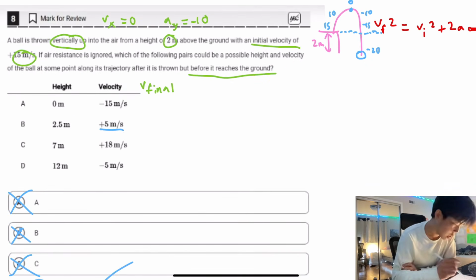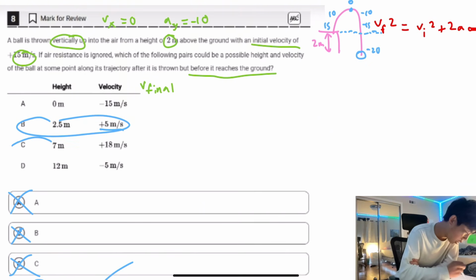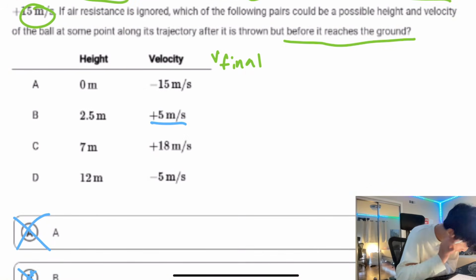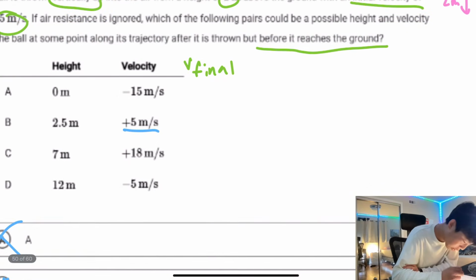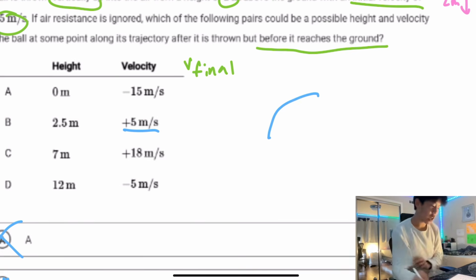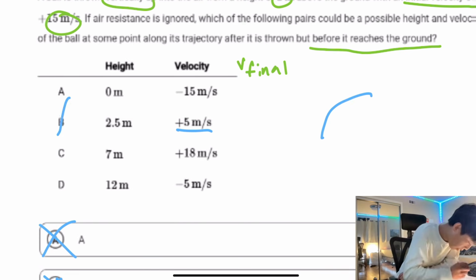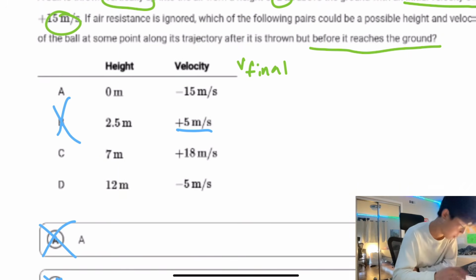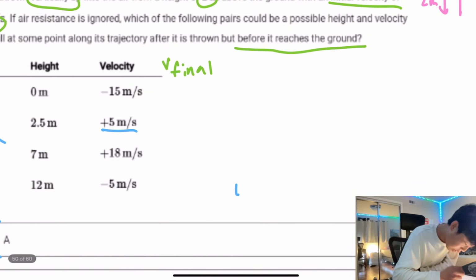But the reason why these other ones are wrong, B and then C, is... B, it goes up. Okay, B could theoretically be right, but I'm too bored. I don't really want to explain this, but the reason why C is undoubtedly wrong is because, like I said, gravity always opposes it.